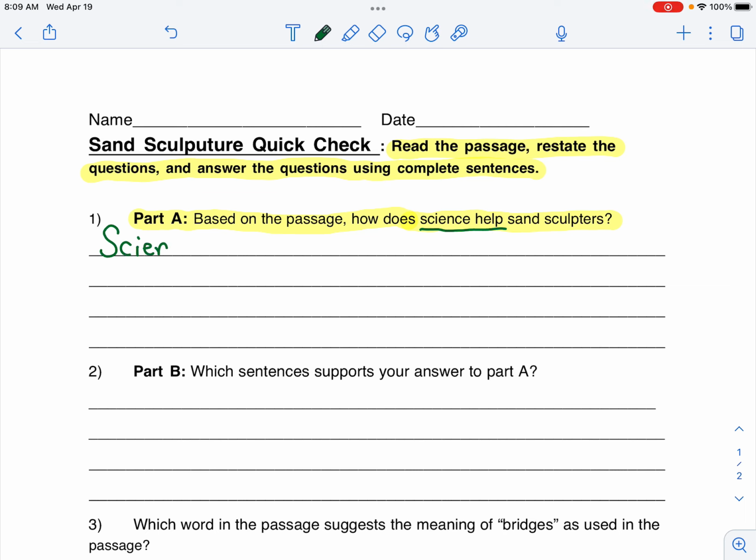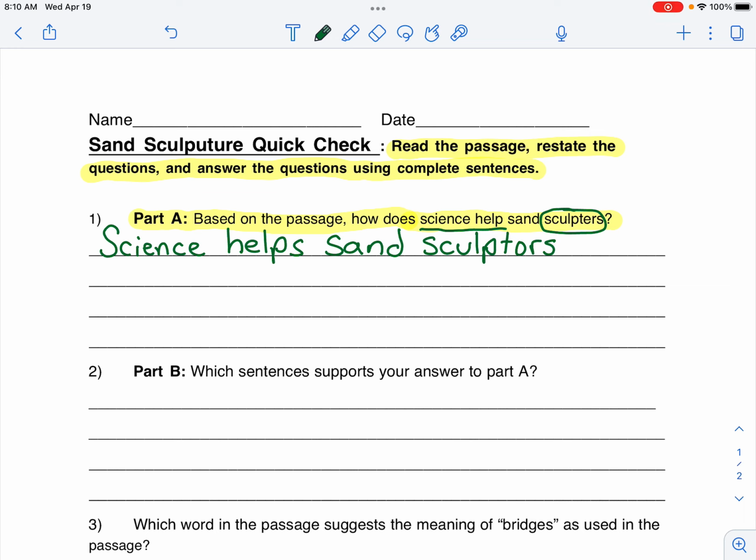Science helps sand sculptors. So if you circled this word here as the word misspelled, you are correct.